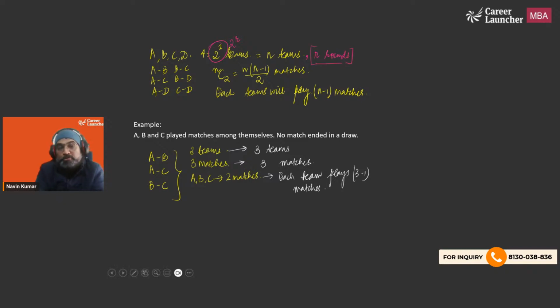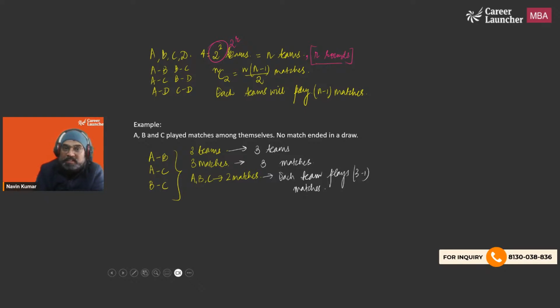Now, when it comes to wins and losses, it completely depends upon how the question tells you the wins and losses should happen, what points should be awarded, and whether there are going to be draws or not. Suppose it is given that each team plays against every other team exactly once. What you see here on this screen is exactly what is going to happen.